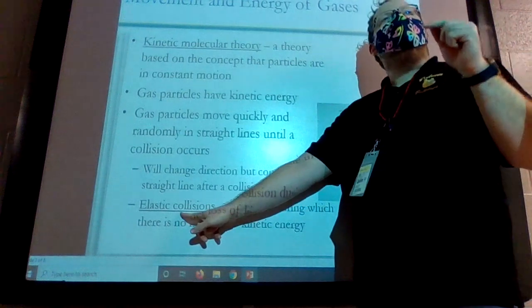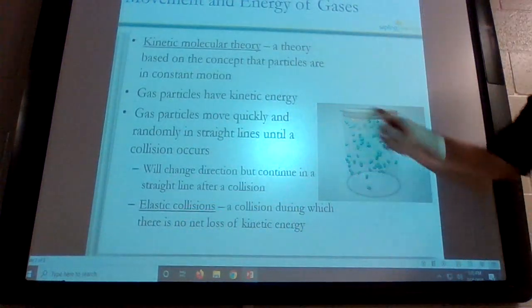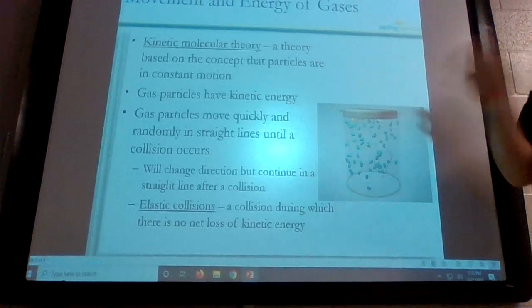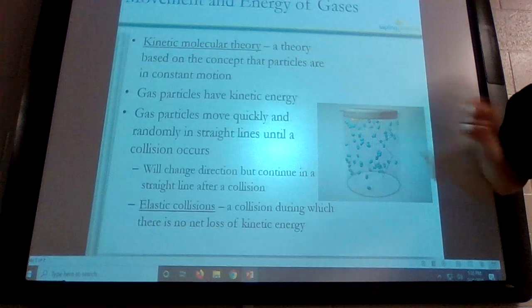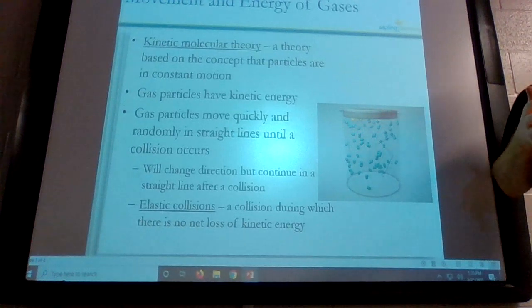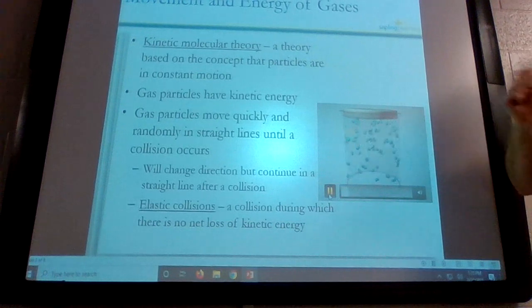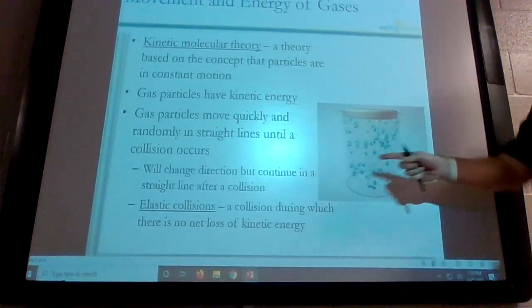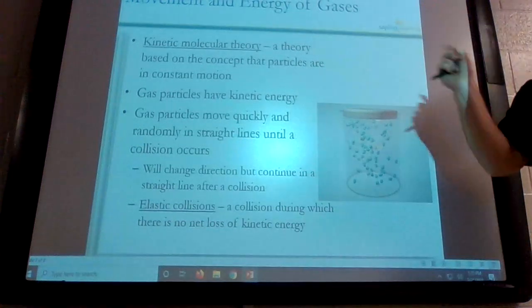Gas particles don't do that. This yellow particle will bounce around in this container forever and never stop and never slow down unless I take the lid off or unless I change the temperature. It's going to do what it's doing essentially nonstop forever unless I change something. It's never going to settle at the bottom. It's a gas. It's just going to keep going forever.